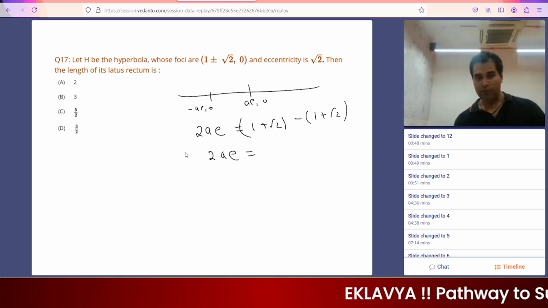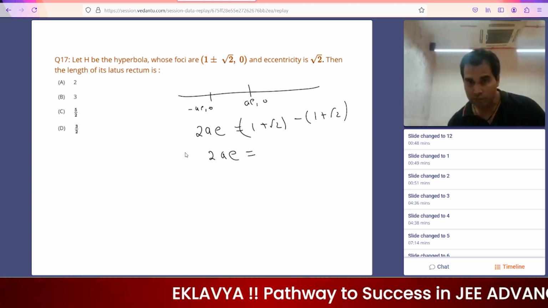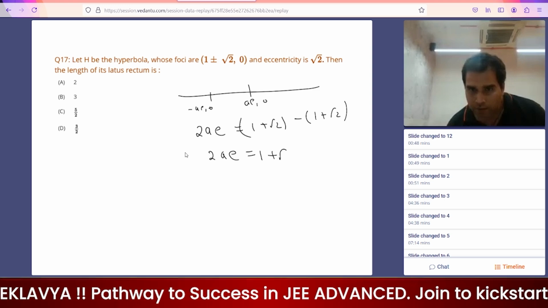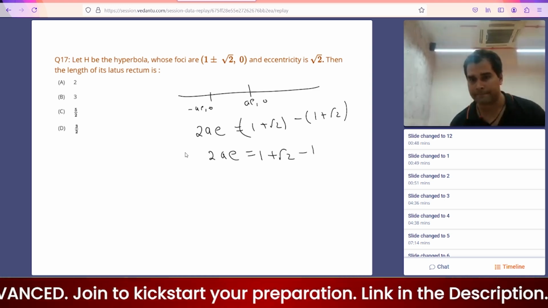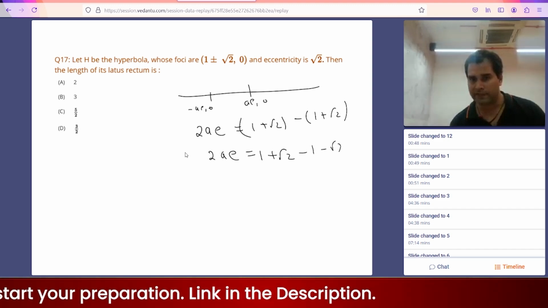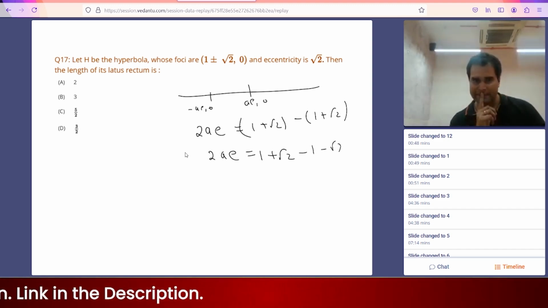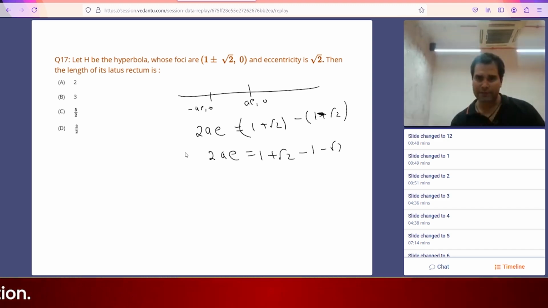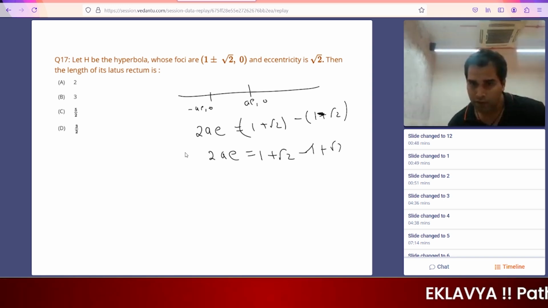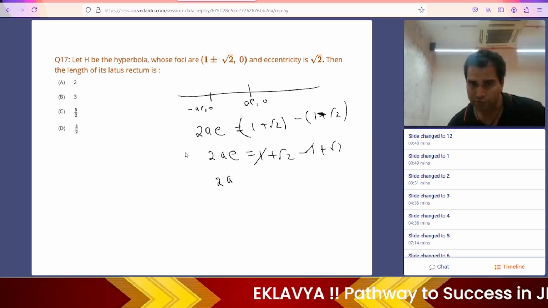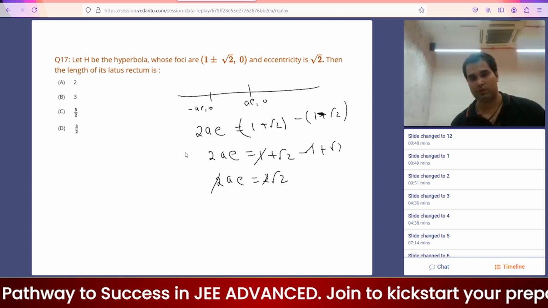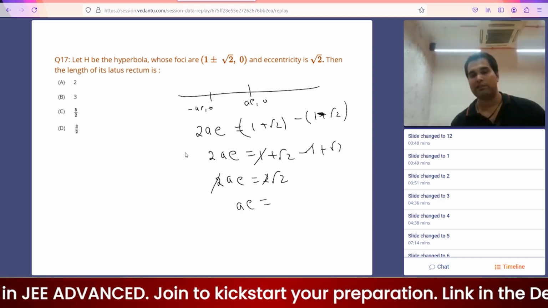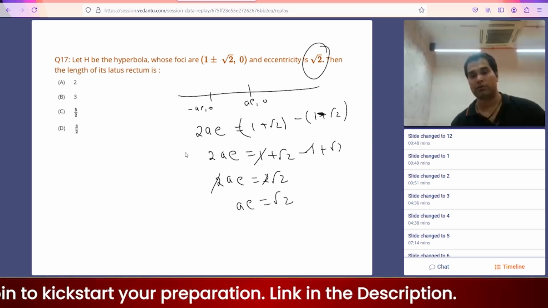And 2a is equal to 1 plus root 2 minus 1 plus root 2, and here 1 minus root 2 and minus 1, and here plus 1, root 2, means 2a equal to 2 root 2, and 2 cancels out, a equal to root 2.